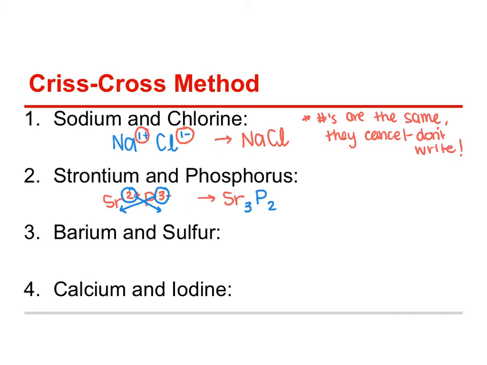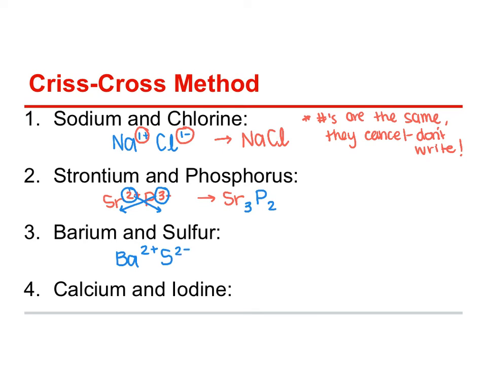Barium and sulfur. When I find barium on my periodic table, it's Ba, and it has 2 valence electrons. So I'm going to lose those 2 to become a 2+. Notice you guys, in all of these, the plus always comes first, the cation, and then the minus comes second. Sulfur has 6 valence electrons, so 6, 7, 8, it's going to gain 2, be a 2-.